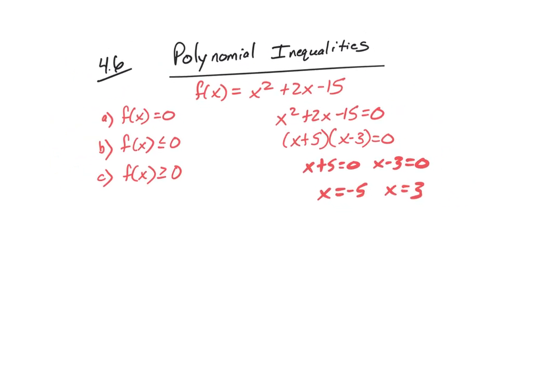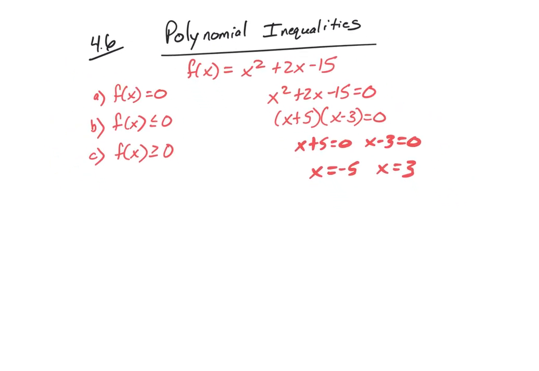Okay, and as we know, if we were to graph this polynomial, this parabola is going to open up, and it's going to cross the x-axis at negative 5 and 3.